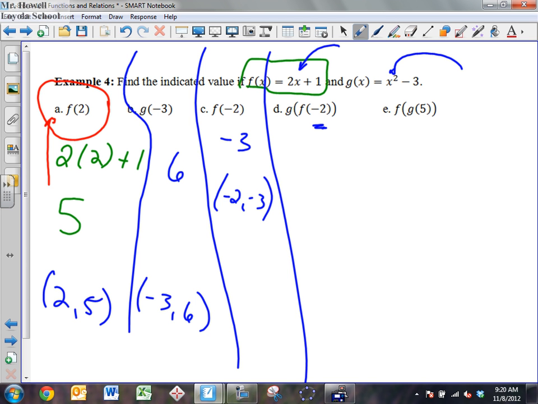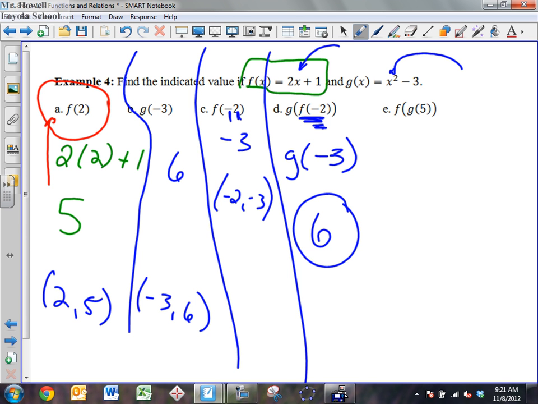So I can use the substitution method and say these things are equal to each other. So replace this underlined part with just the number -3. So really what this is asking us to do is plug -3 into g. But haven't we done that already also? Didn't we do that in part B? What did we get when we did that? So g of f of -2 is just 6.